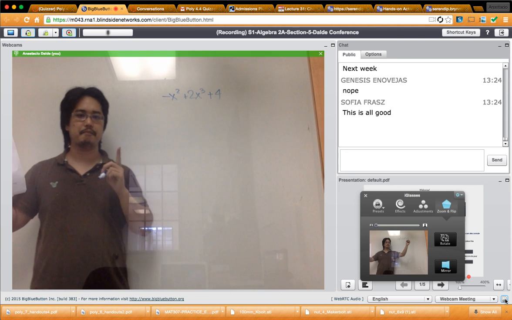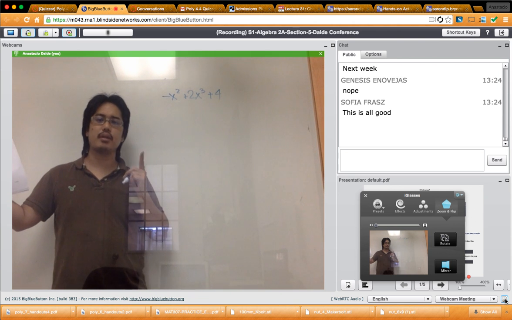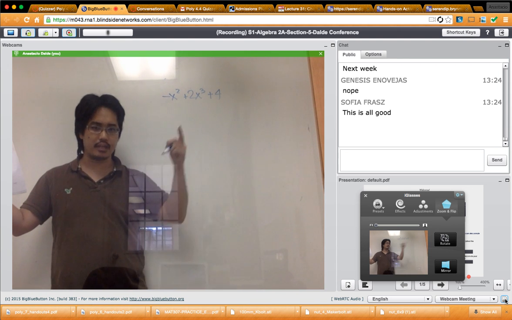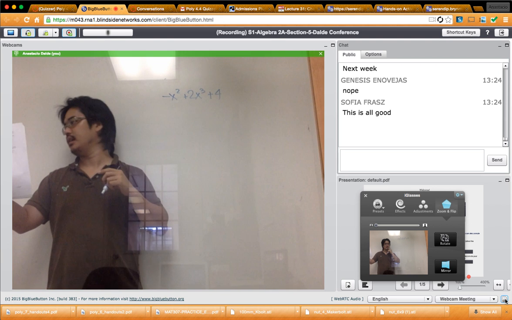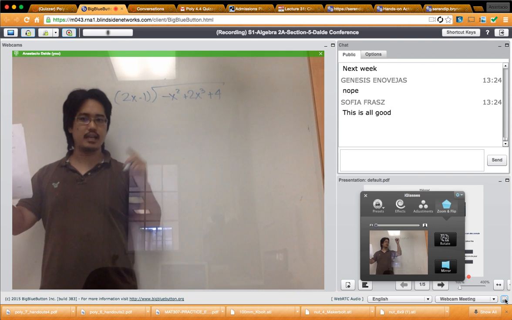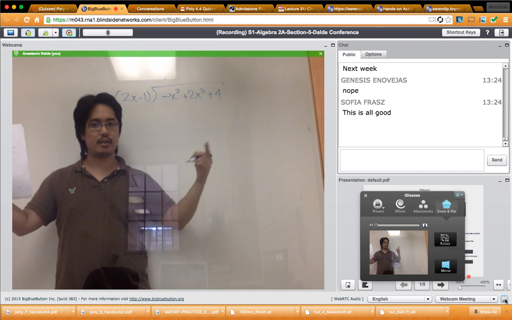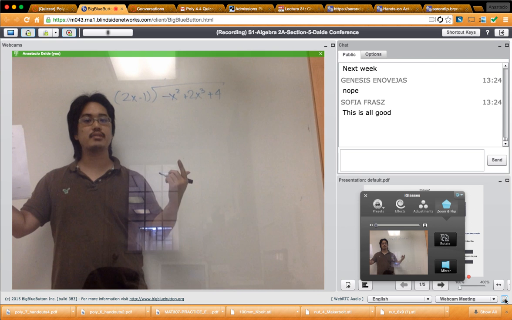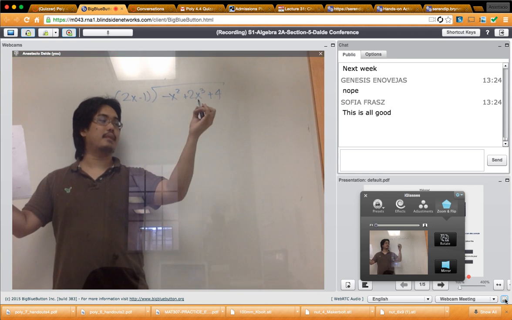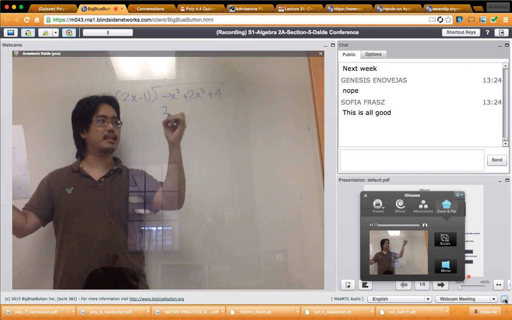In order to do long division, you have to do some prep work first. I can't just go straight ahead and long divide this thing. Oh, and I want to divide it by 2x minus 1. I have to put it in order from biggest to smallest. By biggest, I mean the exponents.